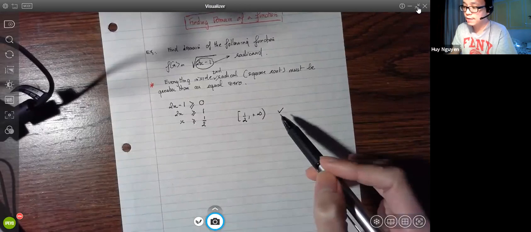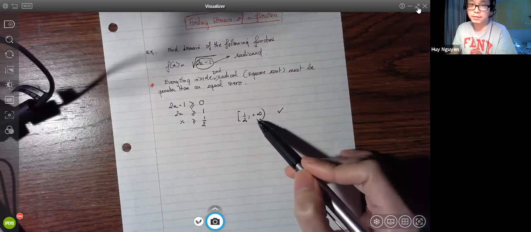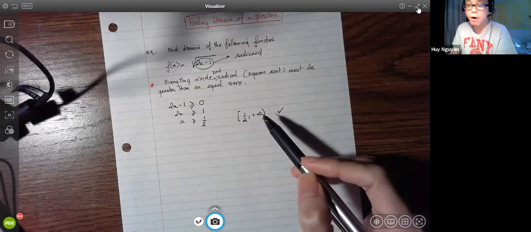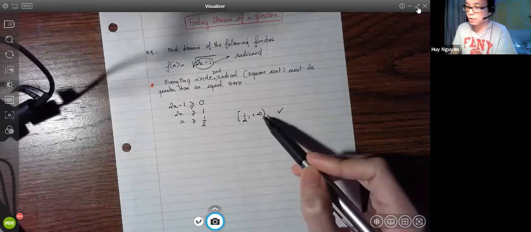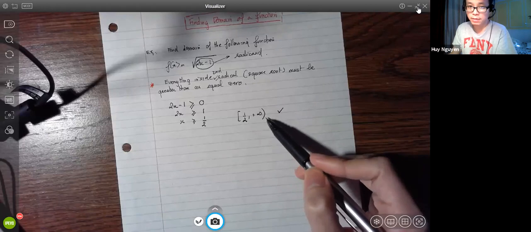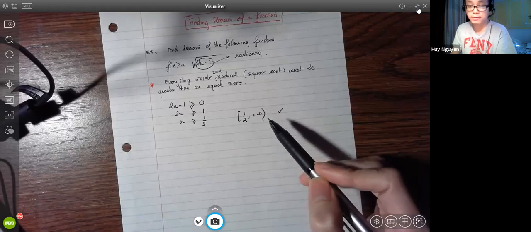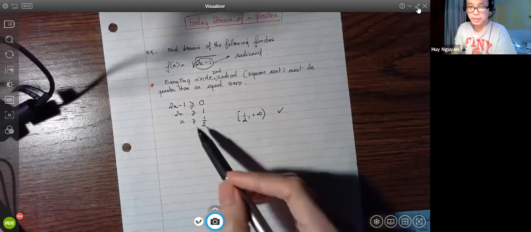But for infinity, for negative infinity or positive infinity, always use parentheses. Don't put a bracket there, because if you put a bracket for infinity, it's terribly wrong. So if you see the equal, it's a bracket.